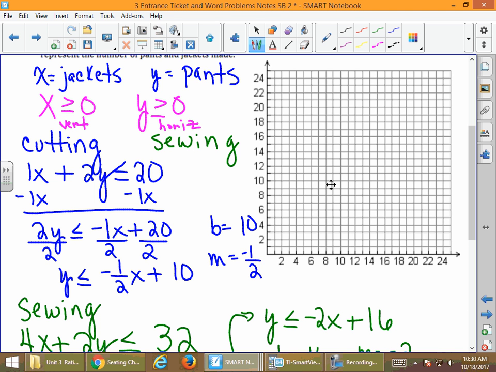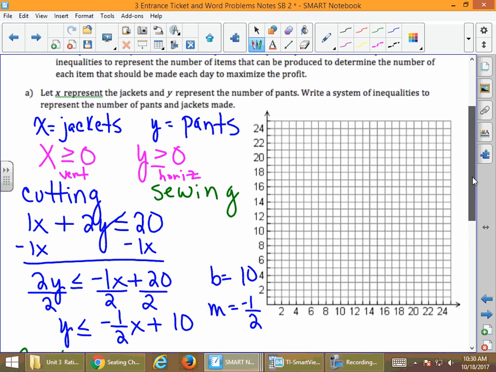And do the best you can. If you're writing in pencil, it's going to be a little bit harder on here. Some people like to put a highlighter on this part, but here's our vertical. And I'm trying to darken it in a little bit.